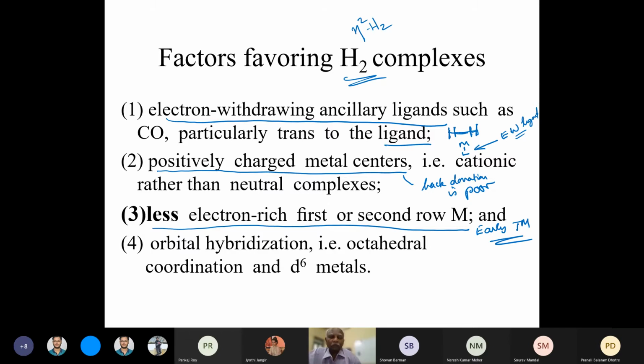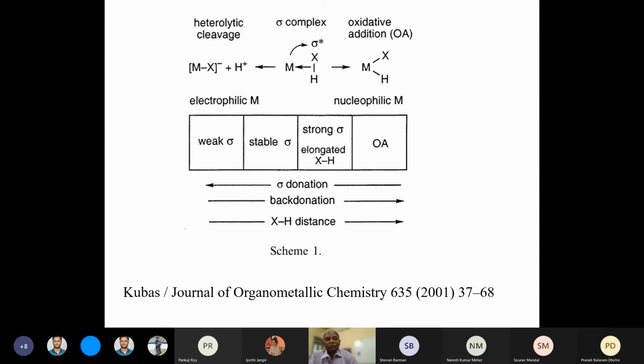So these d6 metals and octahedral coordination are the ideal system to observe this M eta 2 H2 complex, and that's what Kubas stumbled upon when he discovered this system. Okay, let me go ahead. This is directly from Kubas's more recent paper.